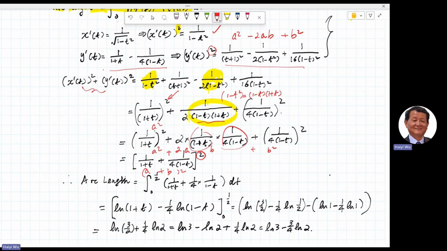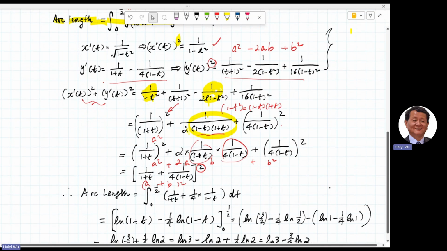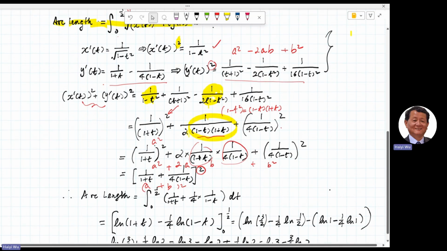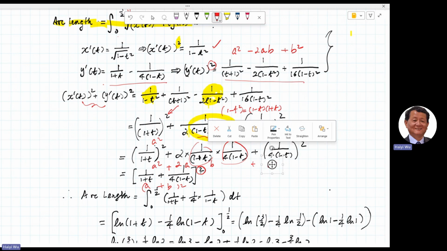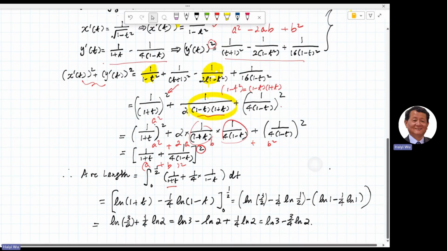Therefore, my arc length changes. Instead of using the square root, because the square root and square cancel out, it becomes 1 divided by 1 plus t, and 4 times 1 divided by 1 minus t. So that's easy.